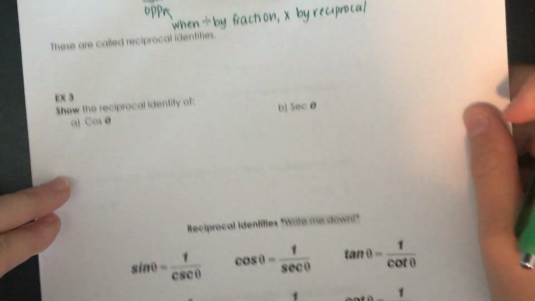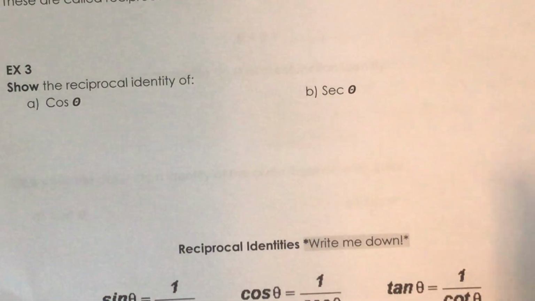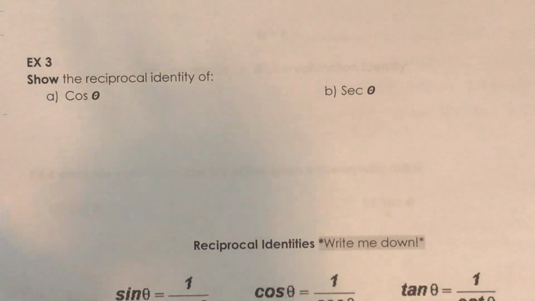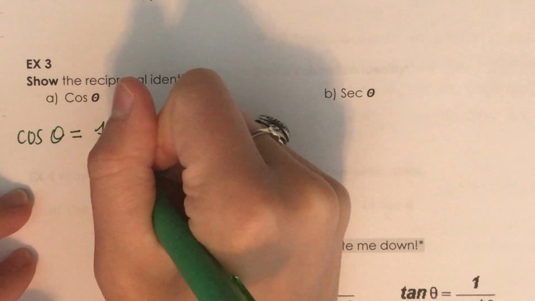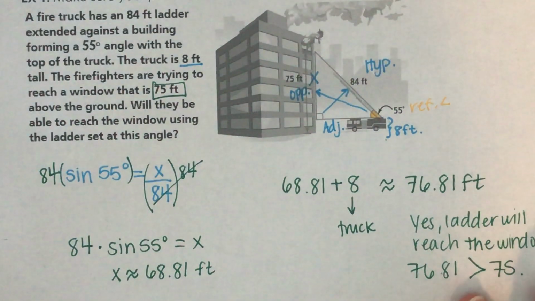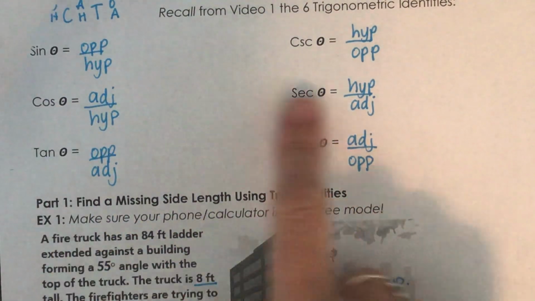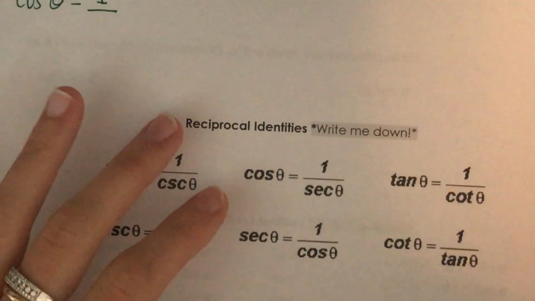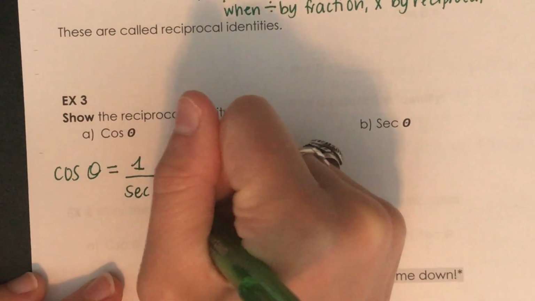So let's do 2 together where we prove it on our own. Okay, so the first one says cosine of theta. Well, cosine of theta must be 1 divided by whatever the reciprocal of cosine is. The reciprocal of cosine, if I come back over here, is the secant. So the identity is 1 divided by the secant of theta.